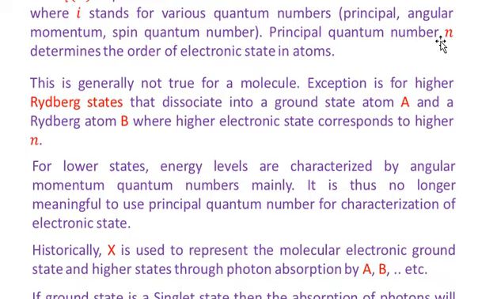So the n which we talk about in atomic physics is generally not true for a molecule, except for the Rydberg states that dissociate into a ground state atom A and a Rydberg state atom B, where the higher electronic states correspond to higher n values. Now if you keep on exciting a molecule, then of course it will reach a Rydberg state, that is a higher state.